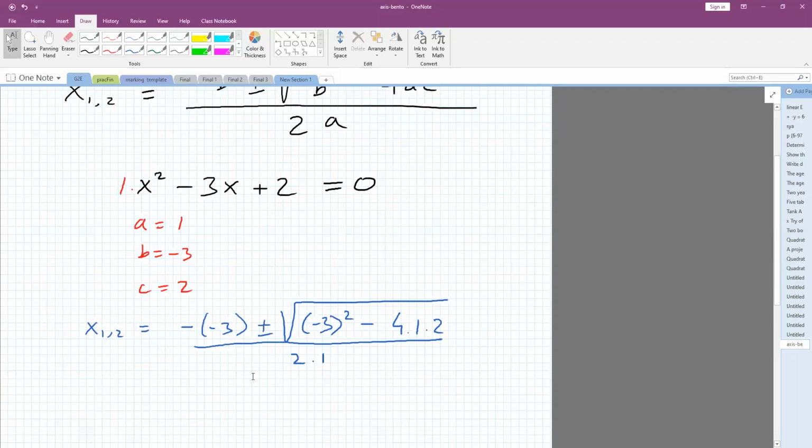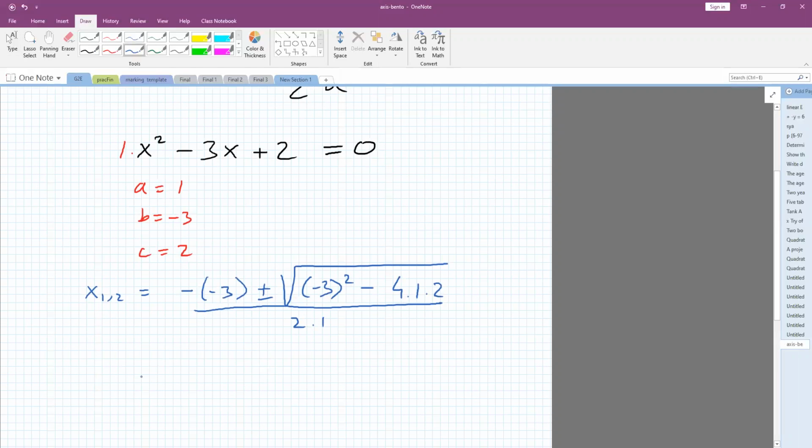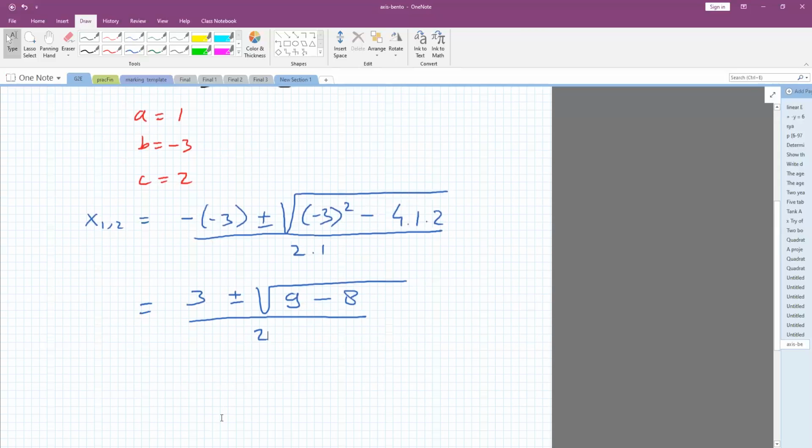If we calculate the numbers, we get plus 3, plus or minus the square root of 9 minus 8, divided by 2.